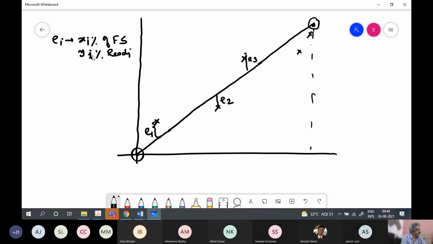So first of all, the smallest X% of full scale, we have to choose.